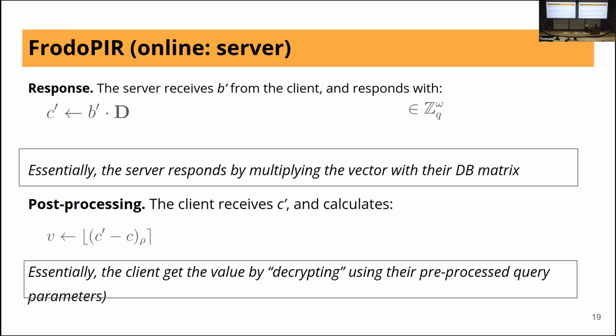The server in turn receives this specific query, and then does the multiplication with the encoding representation of the database that is called D, and calls the result of this multiplication C prime. Now here you can tell me, okay, but that looks like an expensive computation because it's a multiplication, and I will argue that yes, that is true. But we are more interested in saving costs for the client because we assume that the servers sometimes have more computational power.